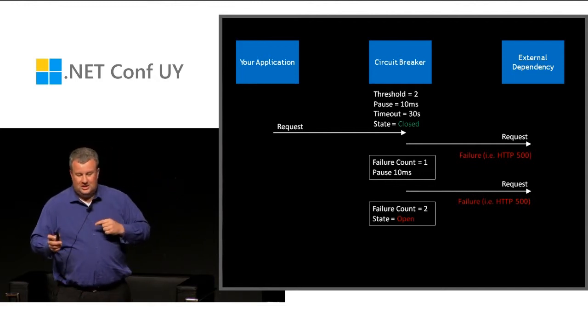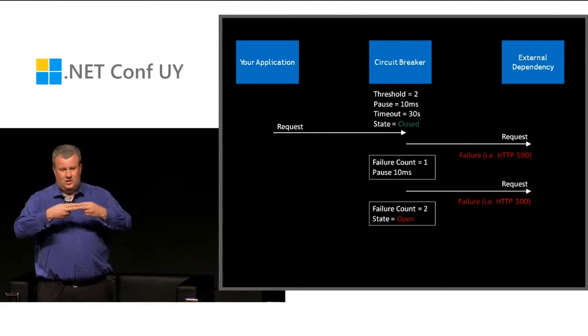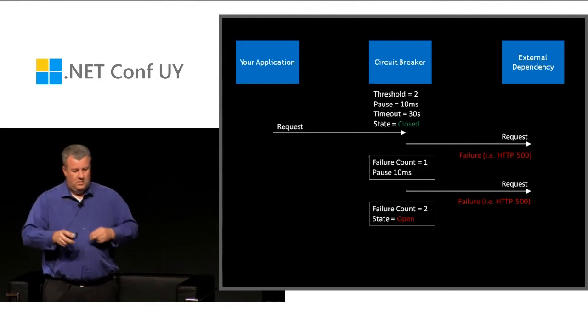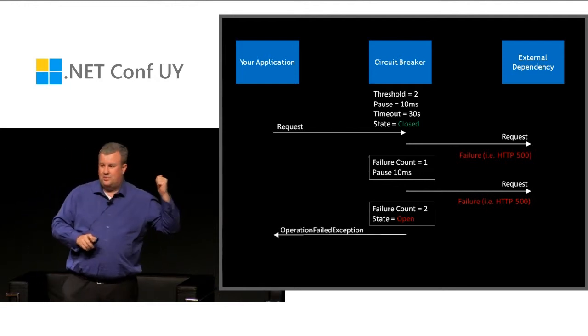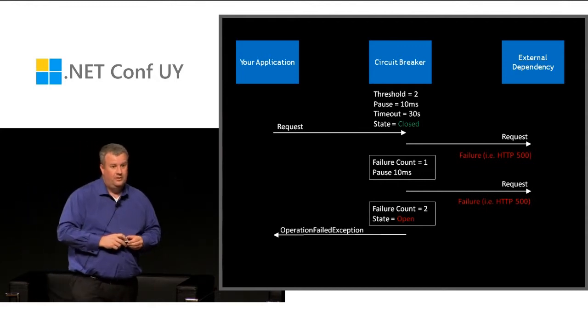So it changes the state from closed, where things are connected, to open. And it returns an exception back to our application saying the operation failed. We tried as much as you wanted us to try in the way you wanted us to try it, but we couldn't make this happen.